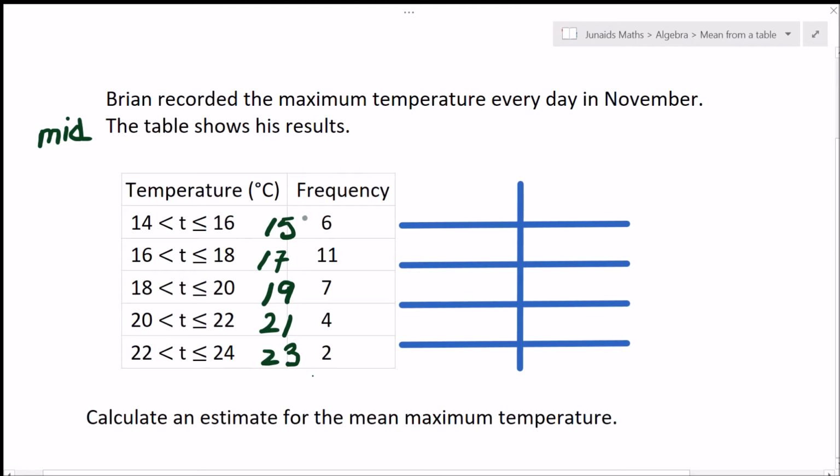That's your first step. The next step is going to be to multiply the midpoint with the frequency. So just this by that.